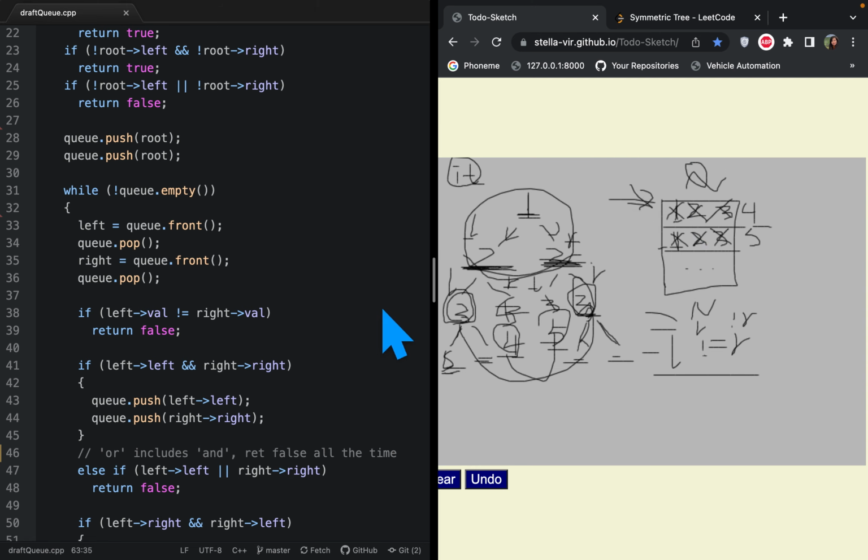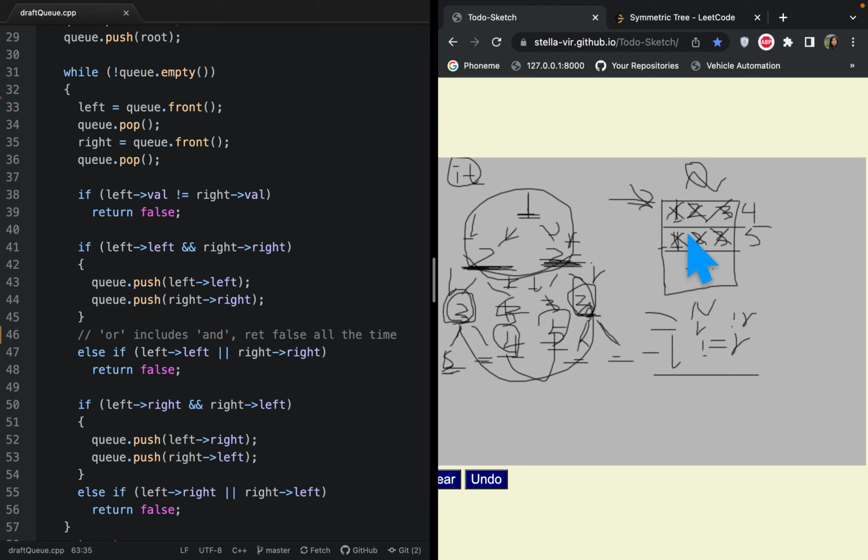While inside the queue, we pop out the first index value in the queue. If the values are not equal, then we return false. If the values are equal, we keep going.